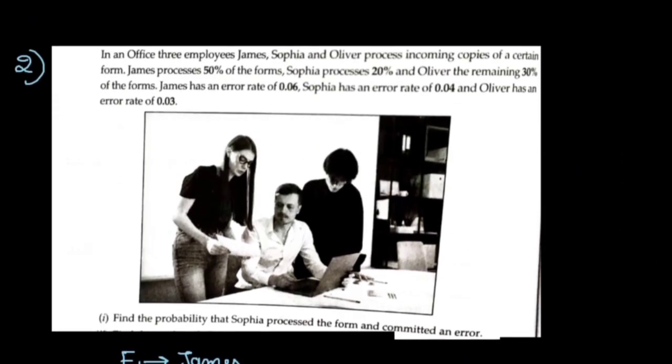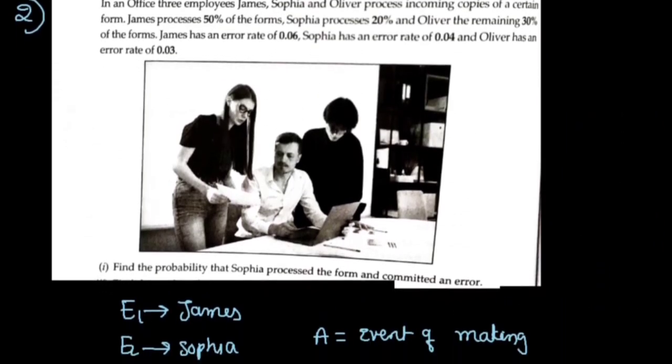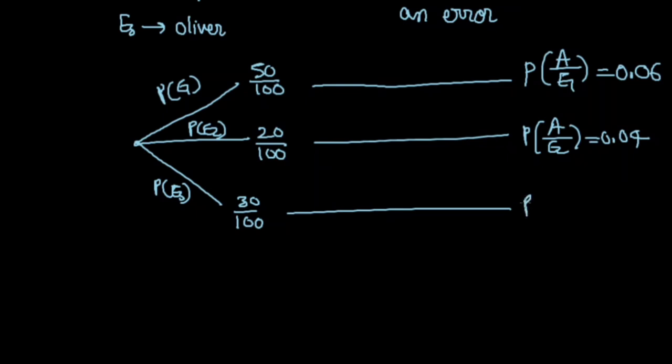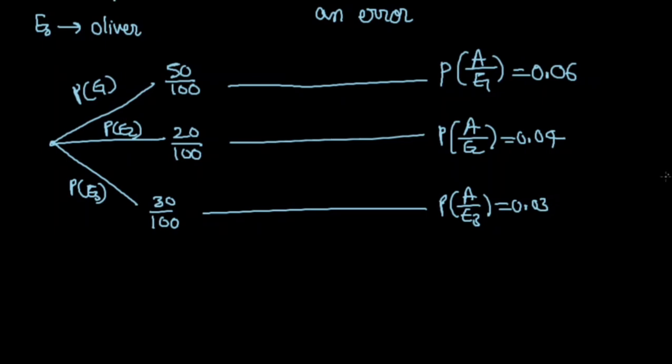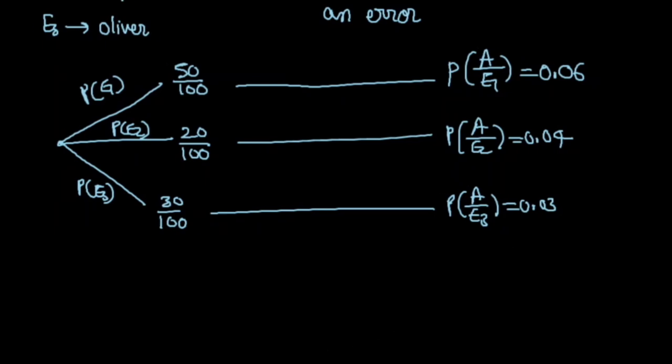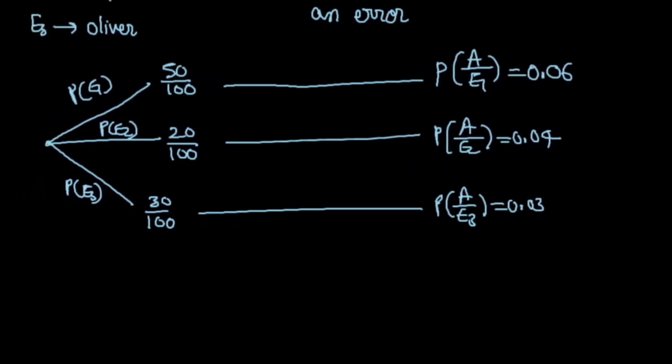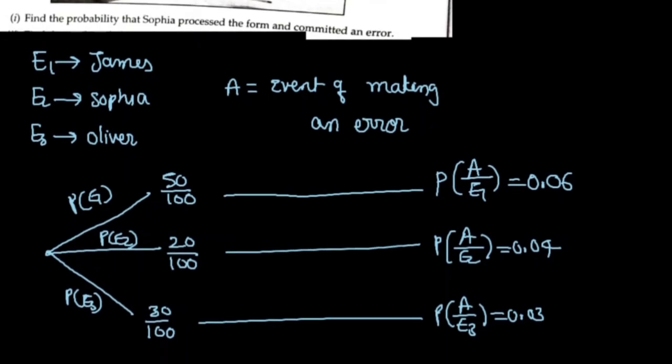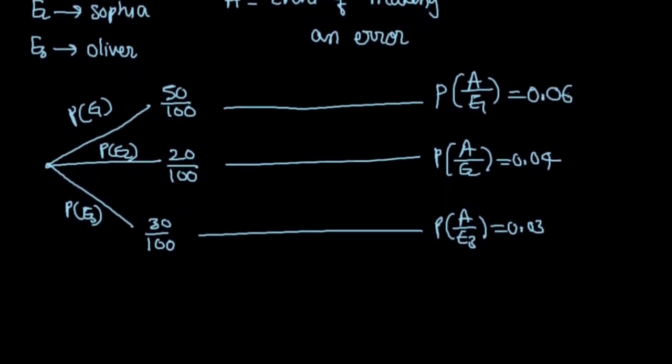And next, Oliver's error is 0.03. So here we have the conditional probabilities of the persons. Now if I cancel the decimal, 6 by 100, this is 4 by 100, I'll get here 3 by 100.